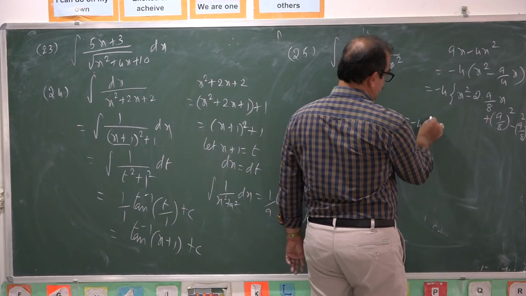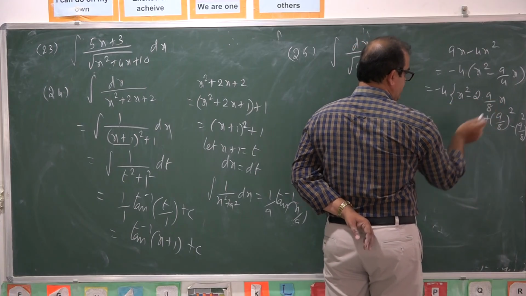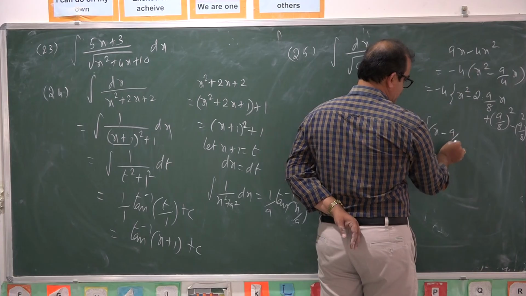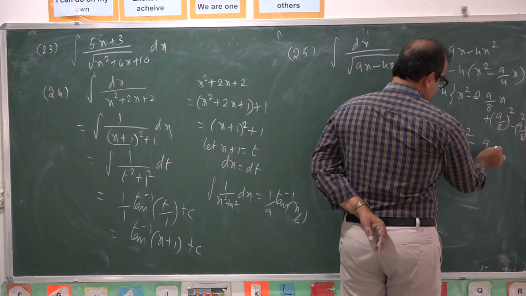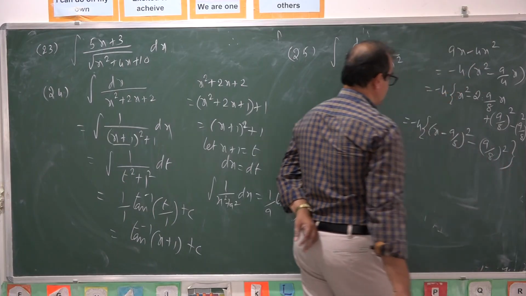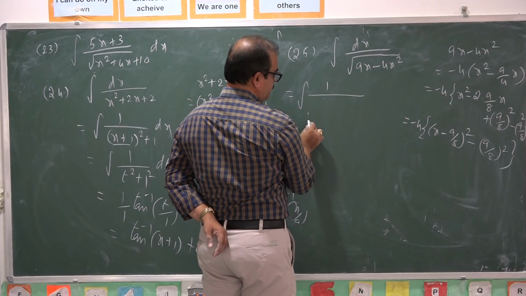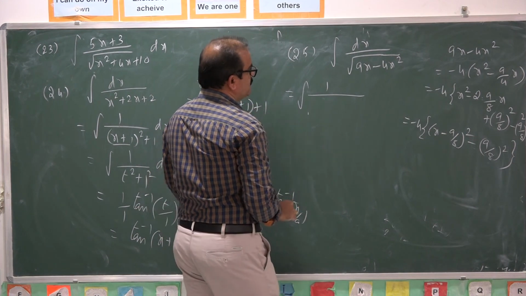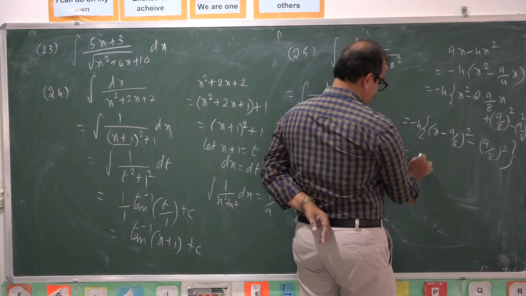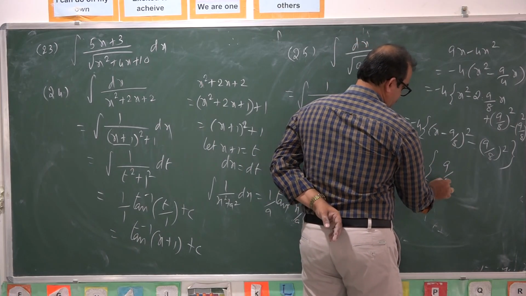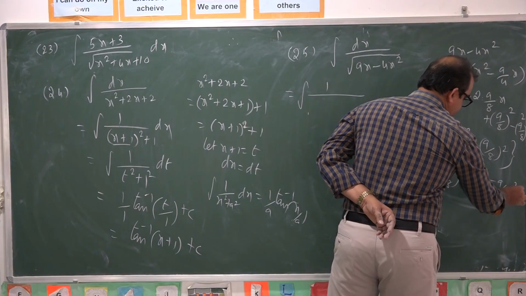So it is minus 4 into, the first 3 terms are in the form of a square minus 2ab plus b square, that is a minus b whole square, minus 9 by 8 whole square. So this is equal to integral 1 by root of 9x minus 4x square. Take this minus into the bracket, we get 4 into 9 by 8 whole square minus x minus 9 by 8 whole square.